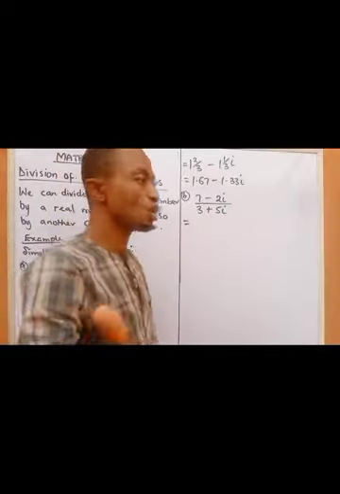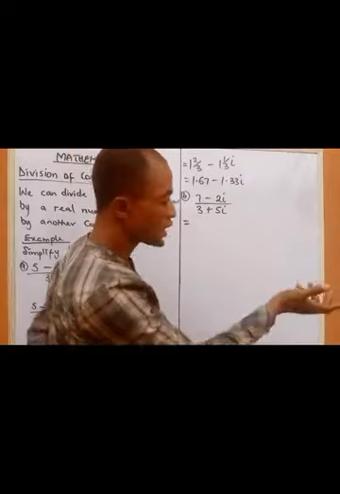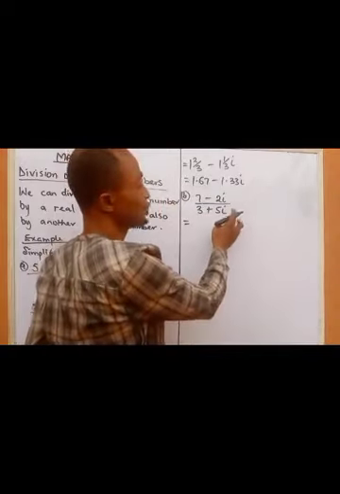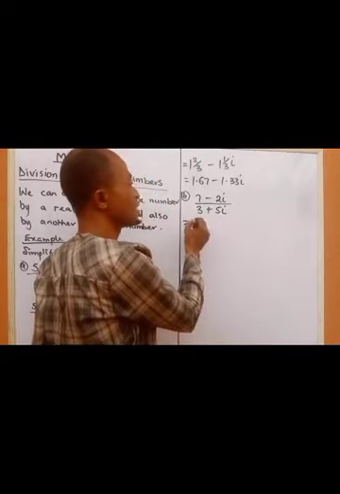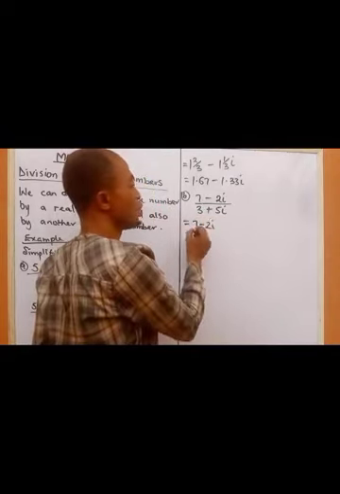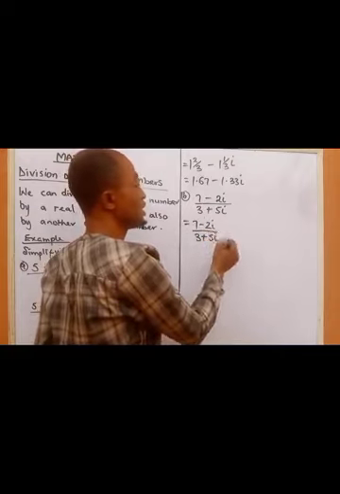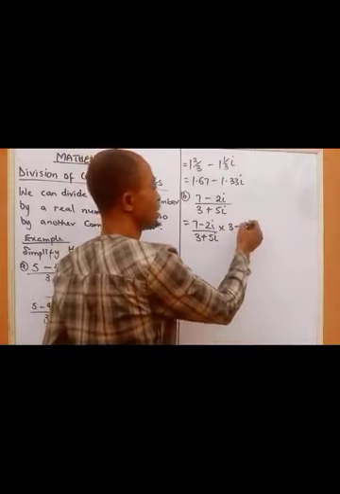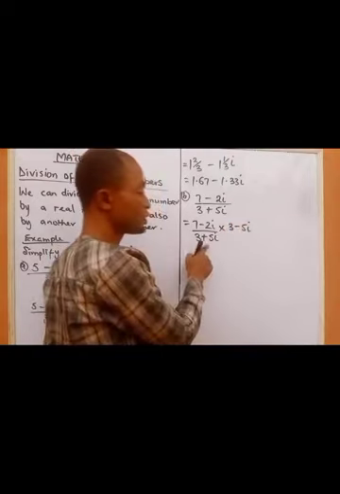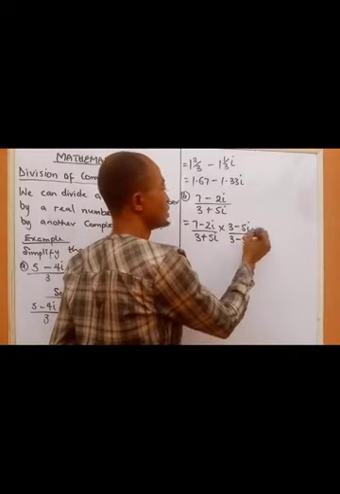The conjugate of 3 plus 5i is 3 minus 5i. So we use that conjugate to multiply the numerator and the denominator. That means we have (7 minus 2i) over (3 plus 5i), multiplied by (3 minus 5i), which is the conjugate of 3 plus 5i, over (3 minus 5i).